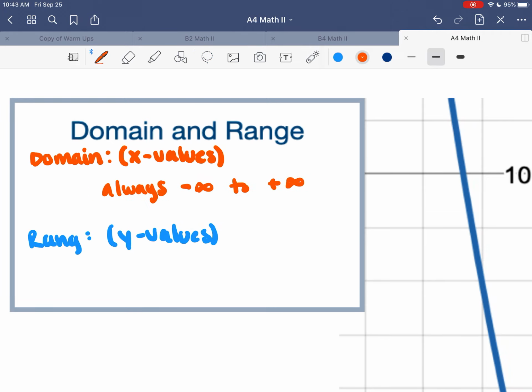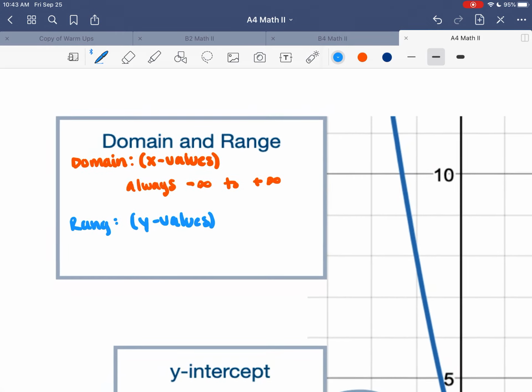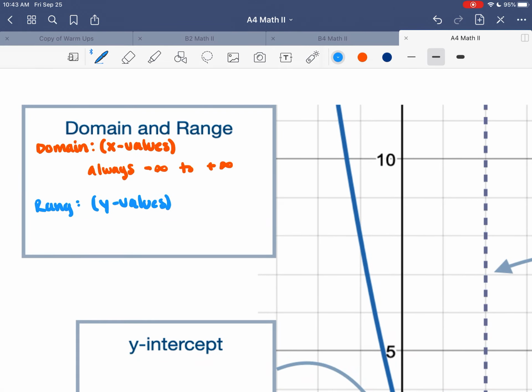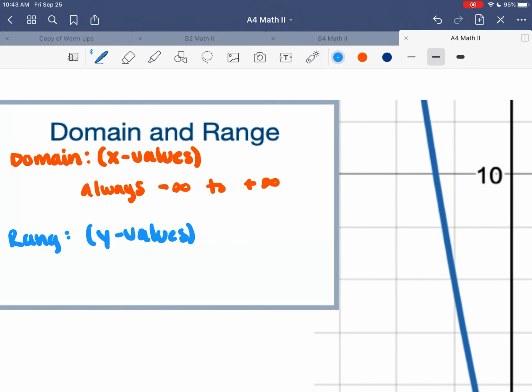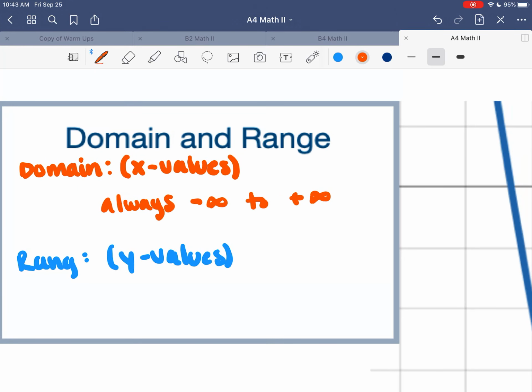It's useful because then you don't have to think about it every time, right? It's always going to be that same domain. I also want to write it a different way. Often you will see domain as negative infinity is less than x is less than positive infinity. This is often the way that they write it in math space.